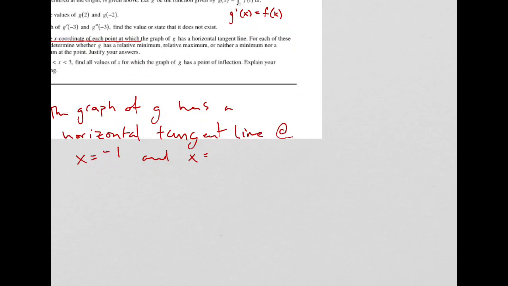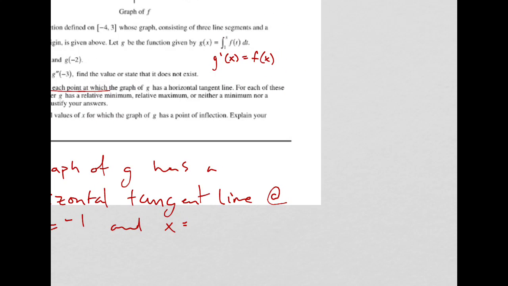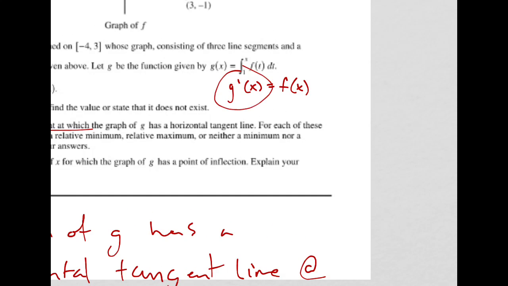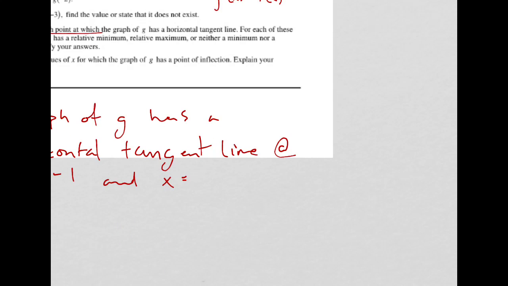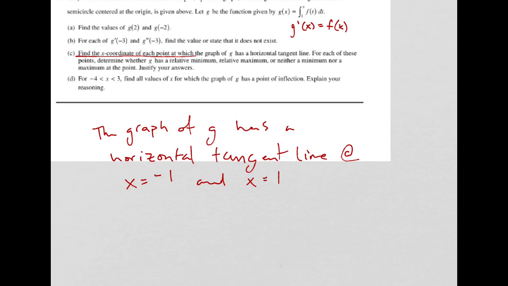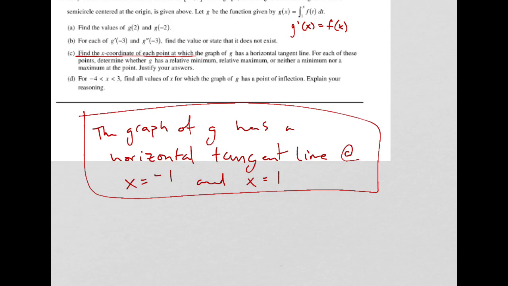How do I know that? Because f is 0 there, and f is the slope of G. So there we go. That answers the first part of the question. Just write it out in a sentence, and you're covered.